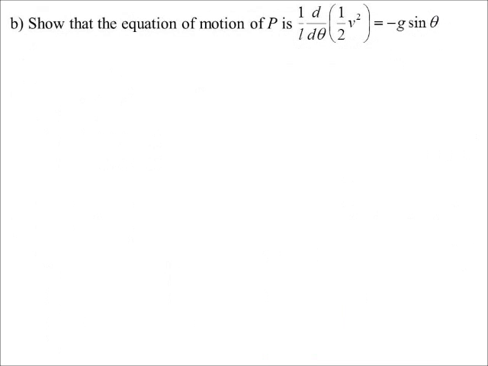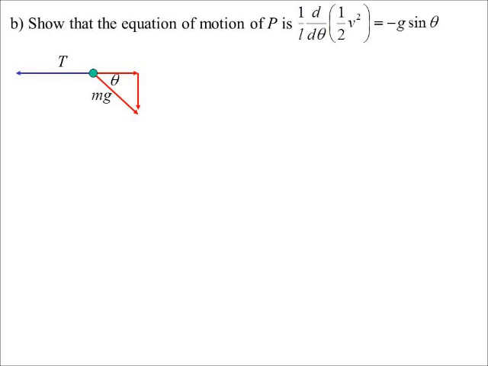All right, so show that the equation of motion is 1 on L d/d theta of a half v squared equals minus g sine theta. Well, let's start resolving our forces. So horizontally, I'm going to assume I'm at a point where the tension is horizontal. So I'm looking at it as if the tension is horizontal. But it now means that gravity is at an angle.